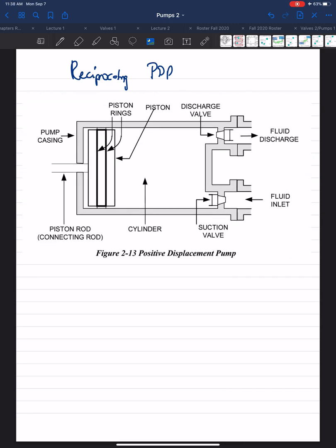So an example of a reciprocating positive displacement pump, you have the fluid that enters through this valve right here into the chamber. This is the piston right here. The piston goes back and forth. So when it's on its way back, the pressure in here decreases, which allows fluid to enter the chamber.